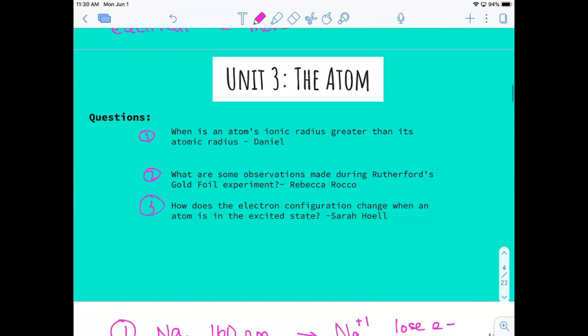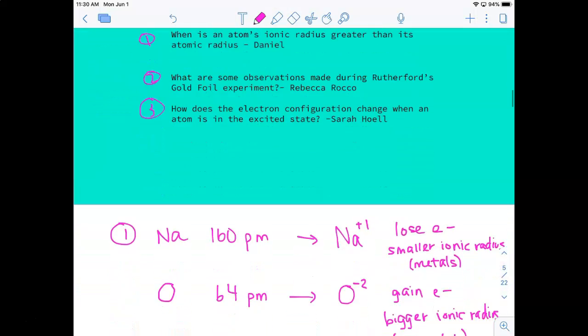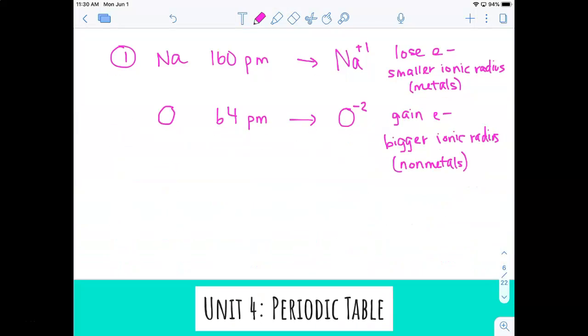Okay, question number 2, the gold foil experiment. So the Regents loves asking about the gold foil experiment because I think what Rutherford discovered was closest to what the real atom looks like now compared to that solid sphere that we thought existed beforehand. So he noticed 2 things during the gold foil experiment.